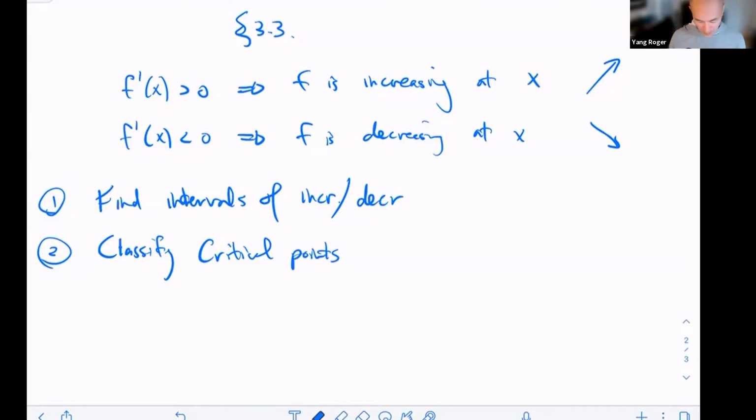To find the intervals of increase and decrease, the way that I usually do this is I chop up my domain into pieces separated by critical values.